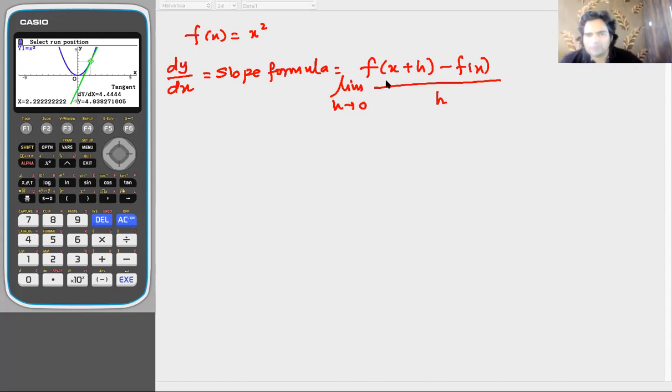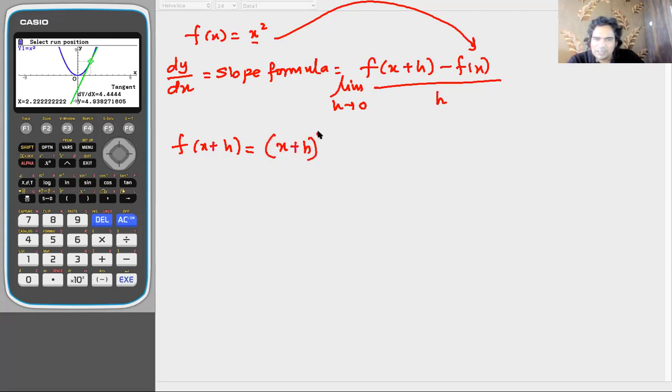Now let's start with first finding each value, because we already have f of x. But if I want to find f of x plus h, we all know we replace this x with x plus h, so it will be x plus h the whole square, which is x squared plus 2xh plus h squared.